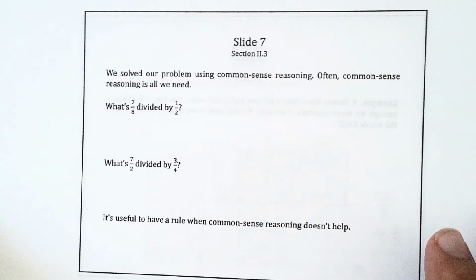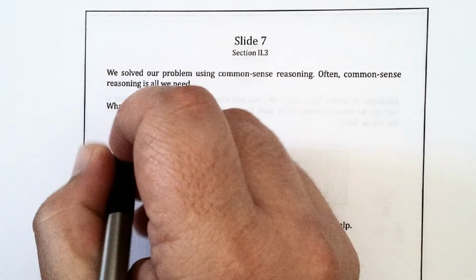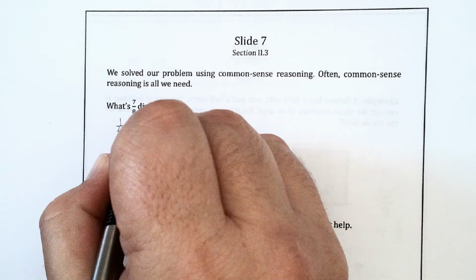Okay, so we were able to solve that problem using common sense reasoning, and often common sense reasoning is all we need. So for example, what is 7/8 divided by 1/2? Well, let's see here. 1/2 is 4/8.